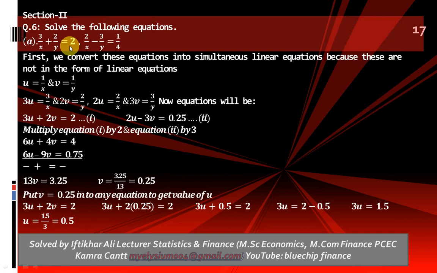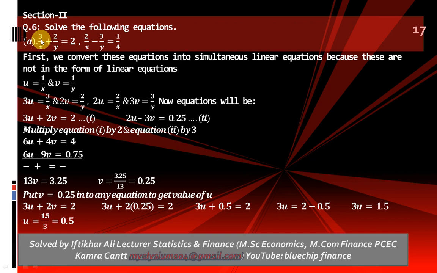After that, section number 2, question number 6: solve the following equations: 3 by x plus 2 by y equals 2, and 2 by x minus 3 by y equals 1 by 4. So first of all, we just substitute or convert the values. For example, if we say that 1 by x is equal to u, then this 3 by x should be equal to 3u, because 3 by x is always equal to 3 multiplied by 1 by x.